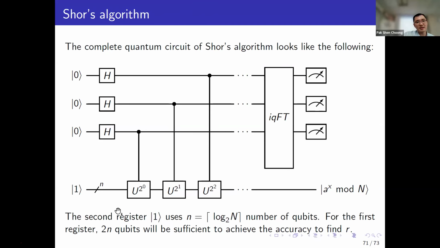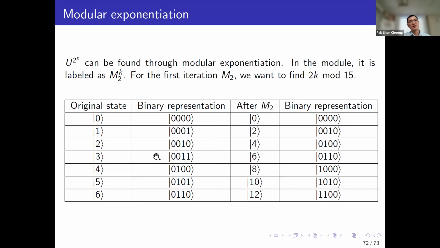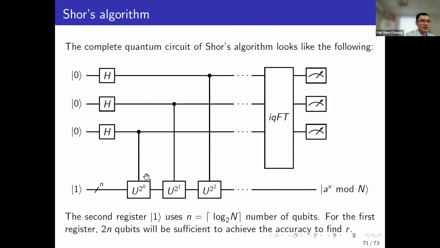Okay, so the next thing that you need to know is how you formulate all these unitaries. The first one is relatively simple. It's called modular exponentiation. Let's look at the first one and let's study it.